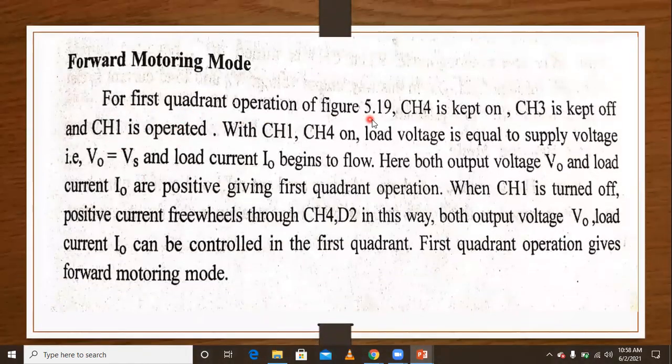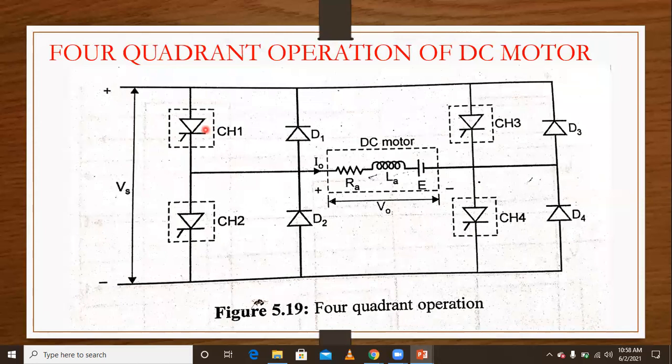In first quadrant operation, CH4 is kept on, CH3 is kept off, and CH1 is operated. If choppers CH1 and CH4 are on, the load voltage is equal to the supply voltage, V naught equals Vs, and load current I naught flows from source to load. If CH1 and CH4 are turned on and CH3 is turned off, the load current increases like this.